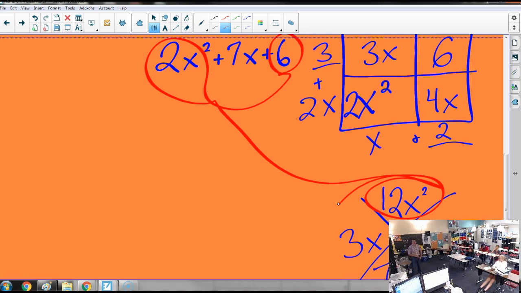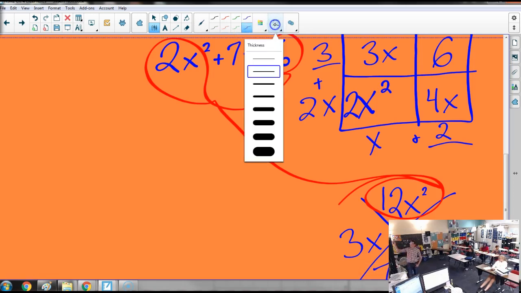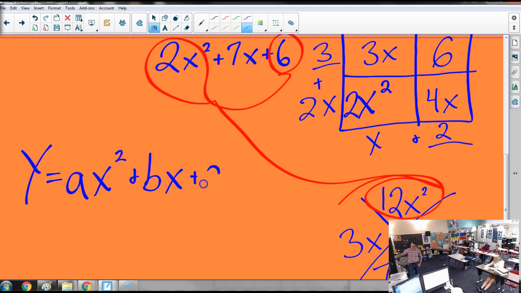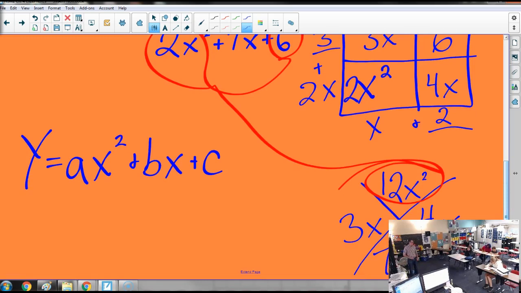12x. So the form of parabolas we're going to get very comfortable using is y equals ax squared plus bx plus c. Please write that down. y equals ax squared plus bx plus c.